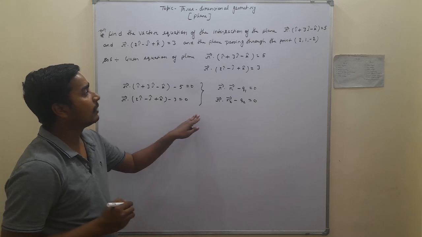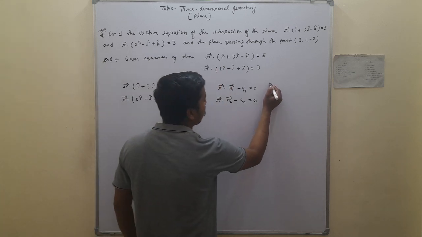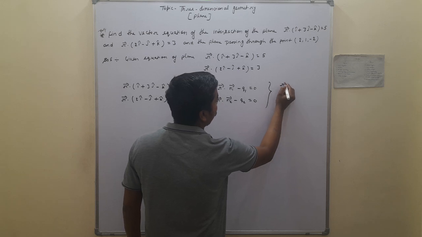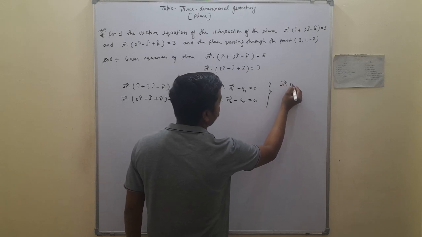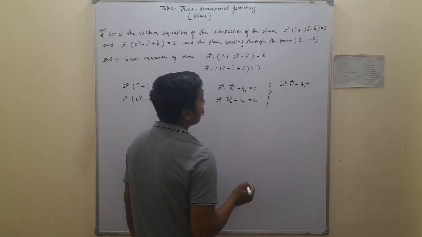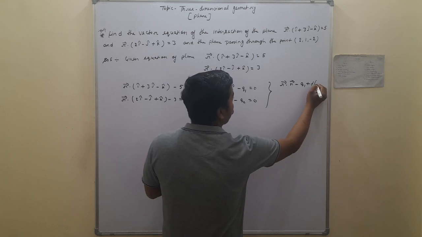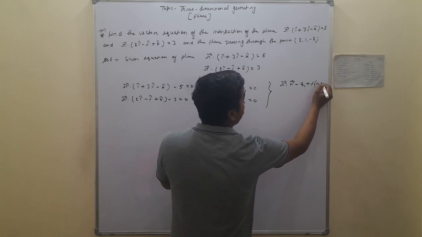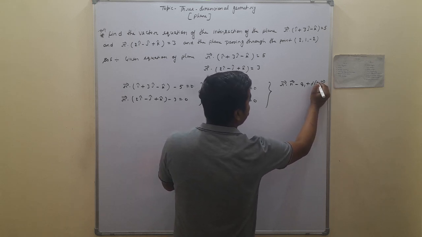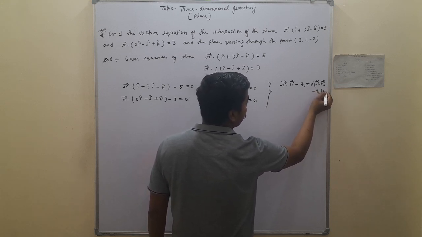This is the form, and we have to write the intersection of planes. The plane through the intersection of planes is given by (r vector dot n1 vector minus q1) plus lambda (r dot n2 vector minus q2) equals 0.